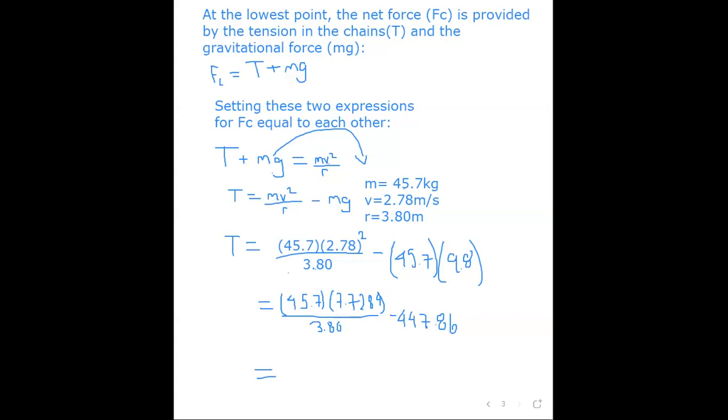So the numerator looks around 353.18788, and then that's divided by 3.80, minus 447.86. We'll just go for 448.